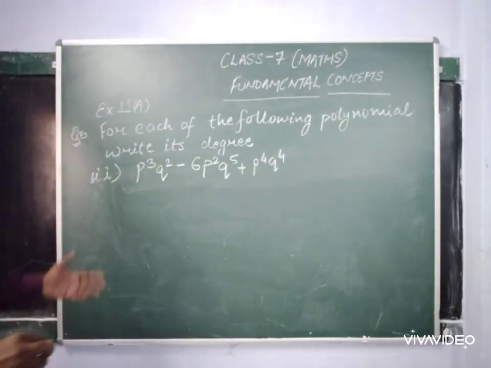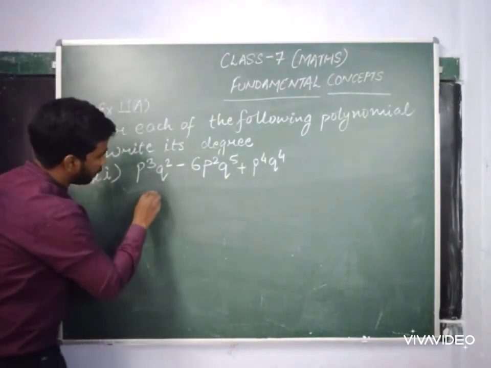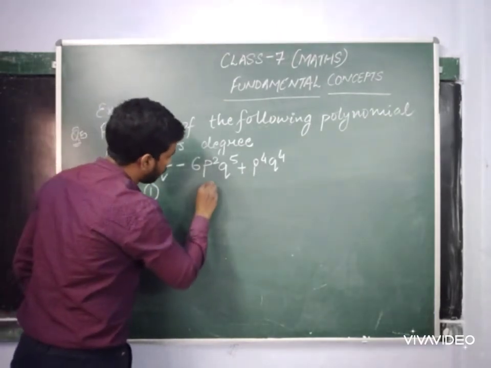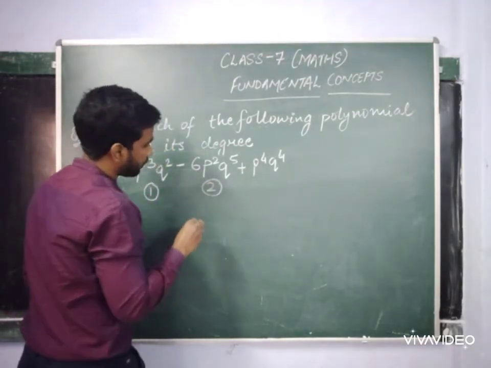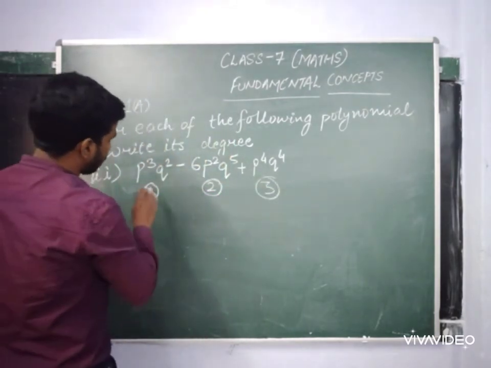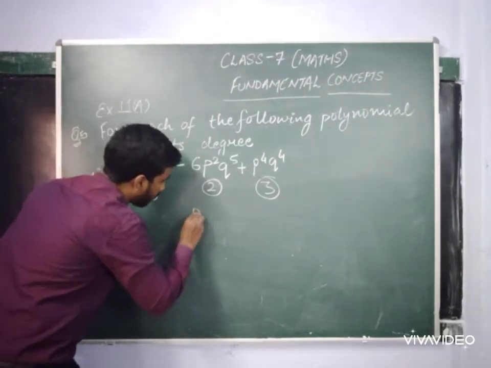Again, you are seeing this polynomial. With the same basic step, we will first take out the degree of all these monomials given in the expression. So there are 3 terms given. First we will take out the degree of p cube q square.